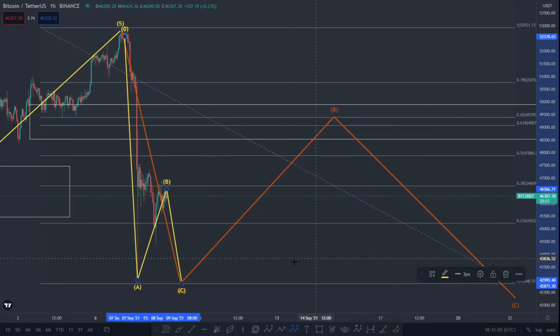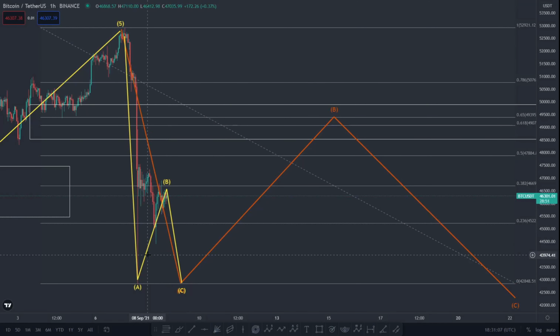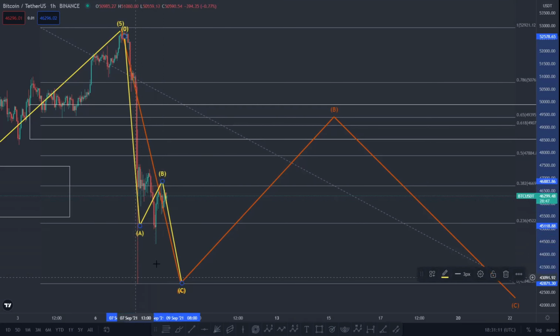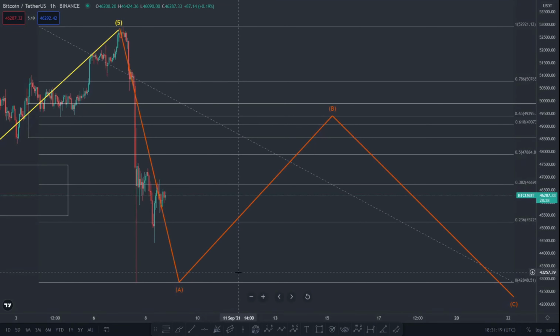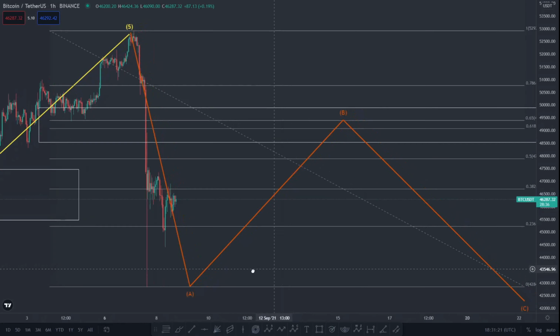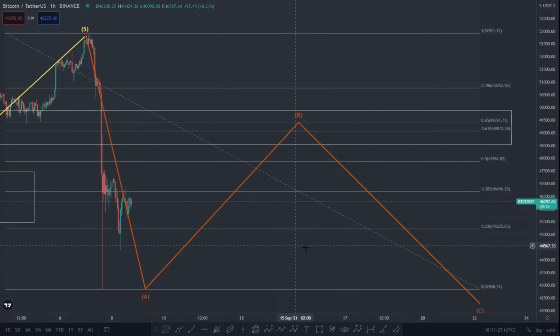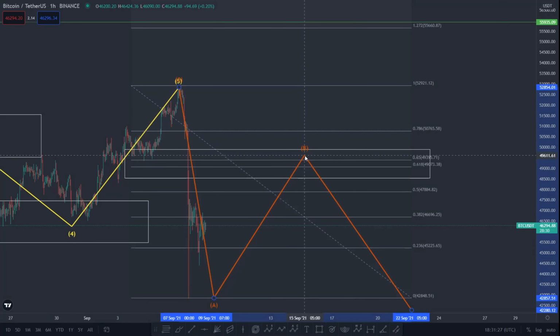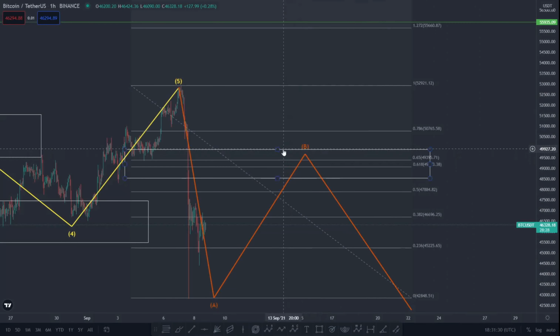Let's make that a different color. Like that. There are always waves within waves. Or maybe you can draw it like this, ignoring this strange leveraged trading wick. And it would give you this target. And then the move up to these levels, convincing everybody we're going back to the bull run. Okay, that's my bias.